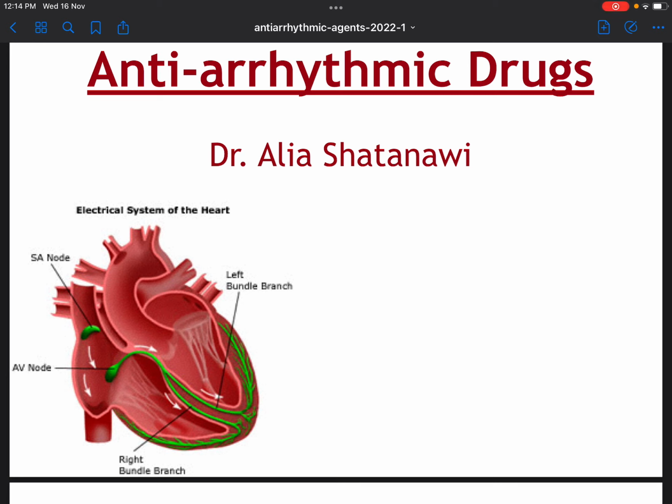And then sometimes these problems happen in the ventricle. So we also have other subcategories of arrhythmias that happen in the ventricle. We can have ventricular tachycardia or ventricular fibrillation or ventricular flutter. So all of these are different kinds.